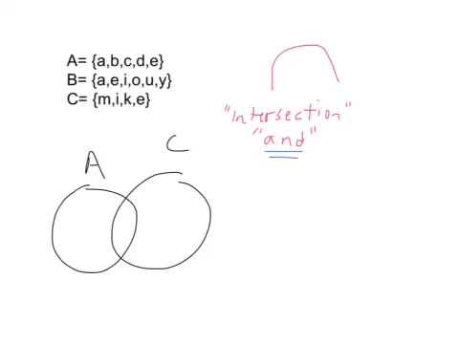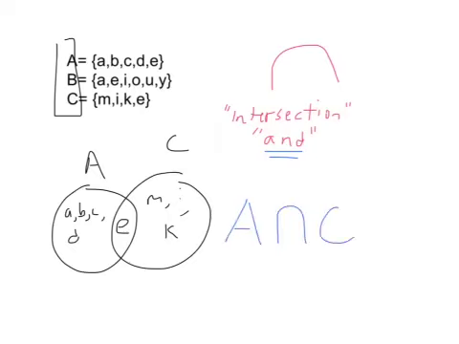The only thing they share is an E. And A has the other letters, A, B, C, D, and set C has M, I, K. Now remember, each one of these lowercase letters is an element from the sets A or B or C. So when I'm talking about A intersect C, what we're looking for is what elements are in both A and in C. And so that is just E.